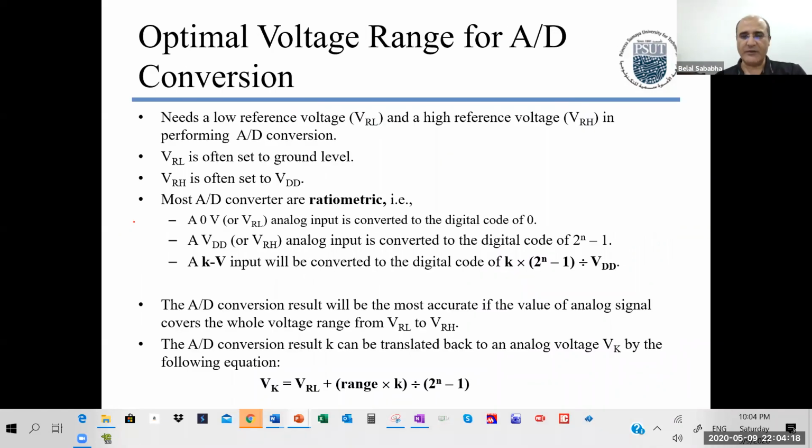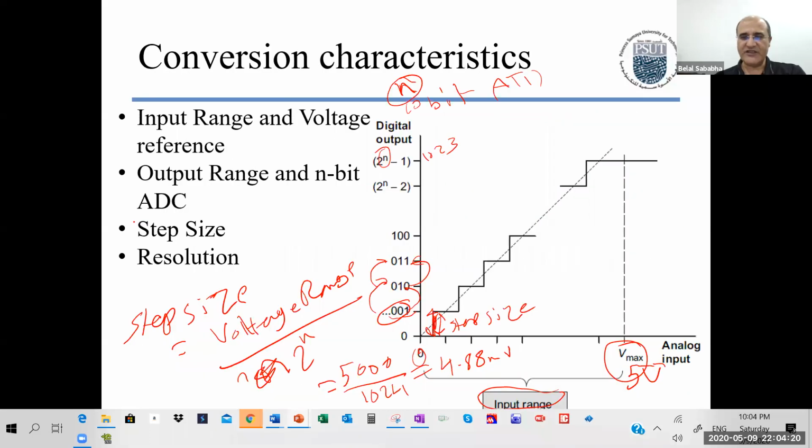The voltage range, of course, we assumed here, so the step size, if the voltage is from 0 volt to 5, we computed from 0. So step size is the voltage range over the number of levels, 2 to the n, right?